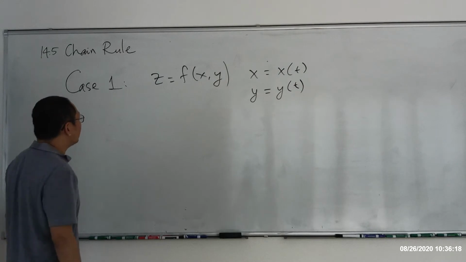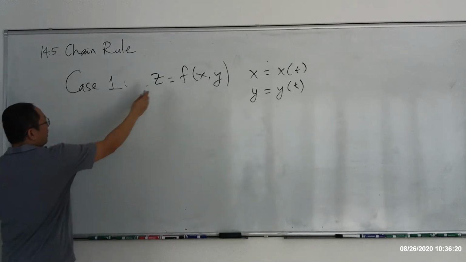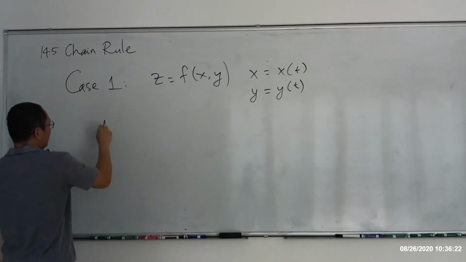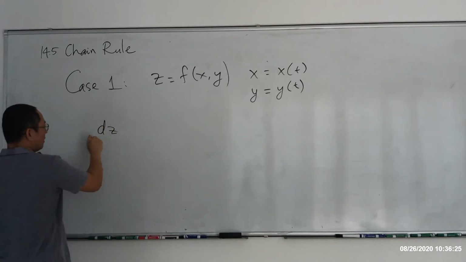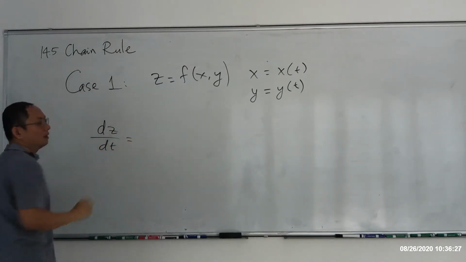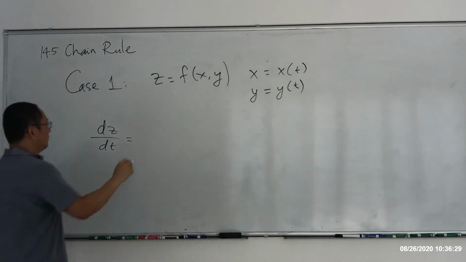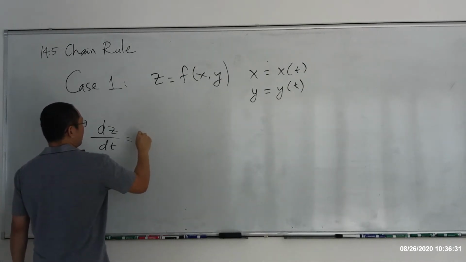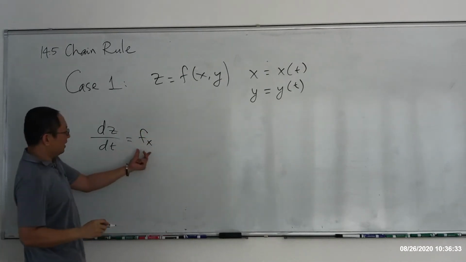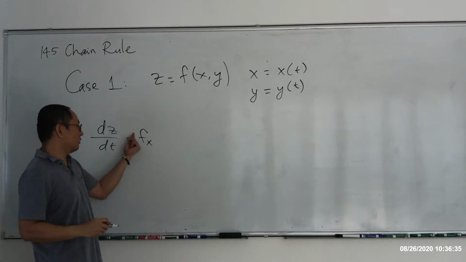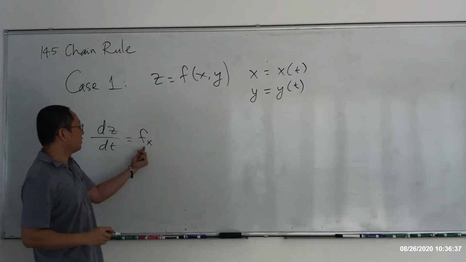So you calculate z with respect to t, and I'm going to use Leibniz notation. So dz over dt will be equal to f sub x, or dz over dx. You remember that notation, right? This is the partial derivative with respect to x.